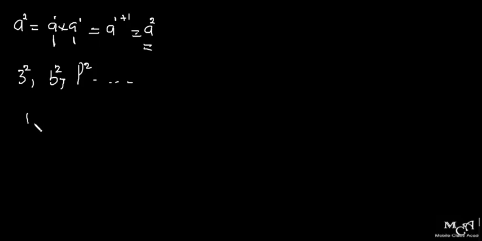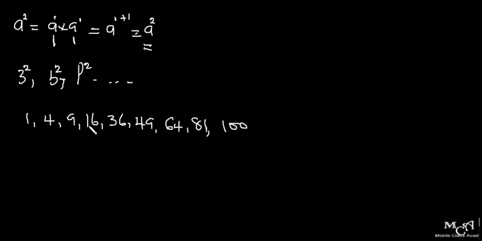If I write out 1, 4, 9, 16, 36, 49, 64, 81, 100, all these numbers you can see here have one thing in common, and what they have in common is what makes them unique.